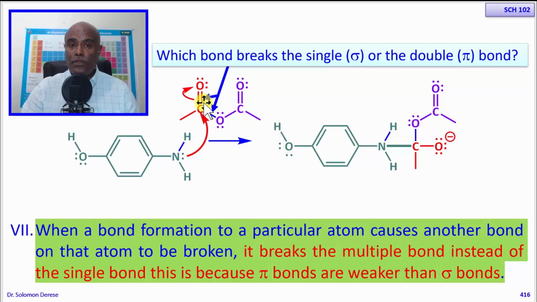The bond that's going to break is the weakest bond. This bond has a sigma bond and a pi bond, while this one has only a sigma bond. Sigma bonds, since they are stronger, cannot break easily. So what's going to break will be this.